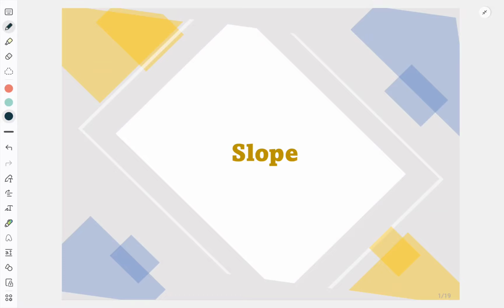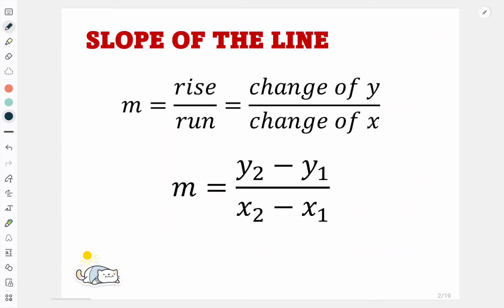The slope can also tell us that. Now, how do we get the slope of a given line? For the formula of the slope, we represent m as the variable for the slope. So m is equal to rise over run, or change of y over change of x.